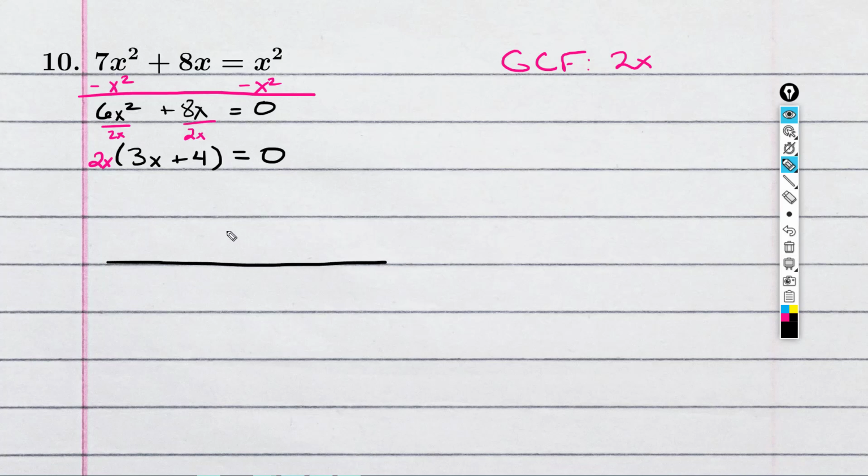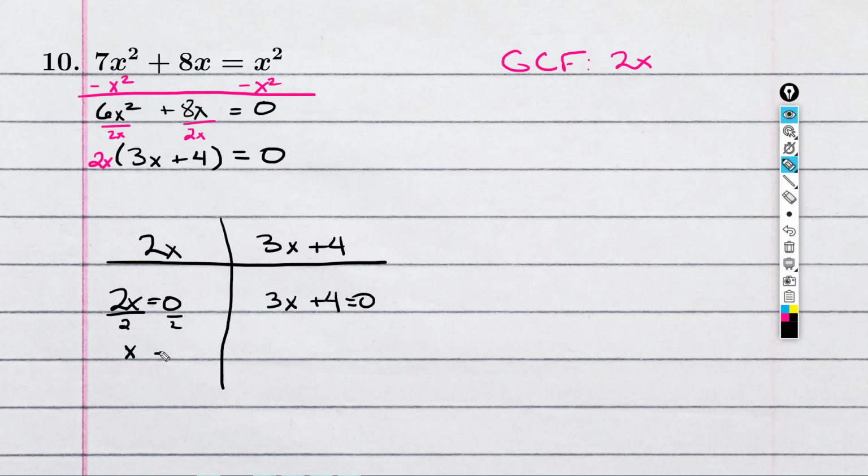We're going to take and make a chart with our two factors, 2x and 3x plus 4. So 2x is equal to 0, and 3x plus 4 is equal to 0. So the 2 is connected with multiplication, so we need to split it apart by dividing by 2. So x is equal to 0.